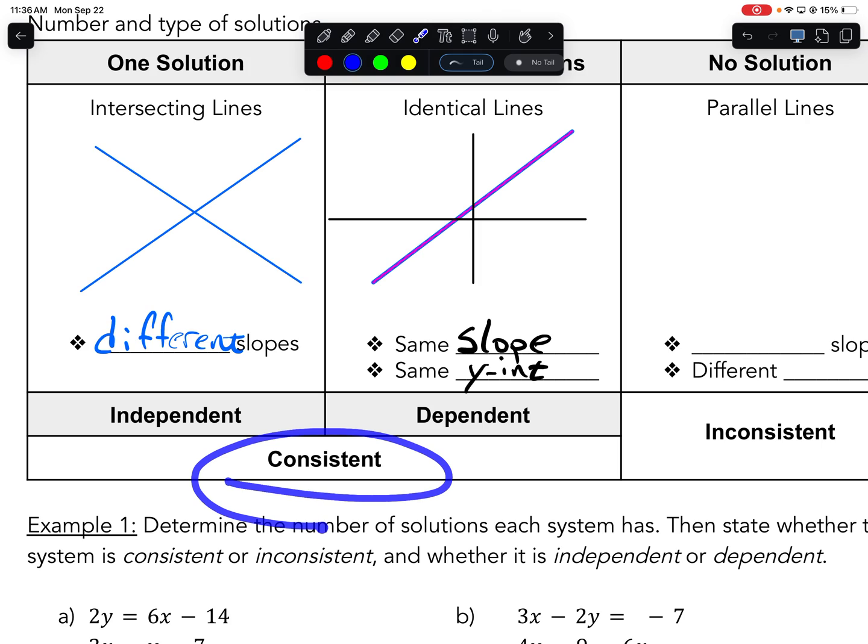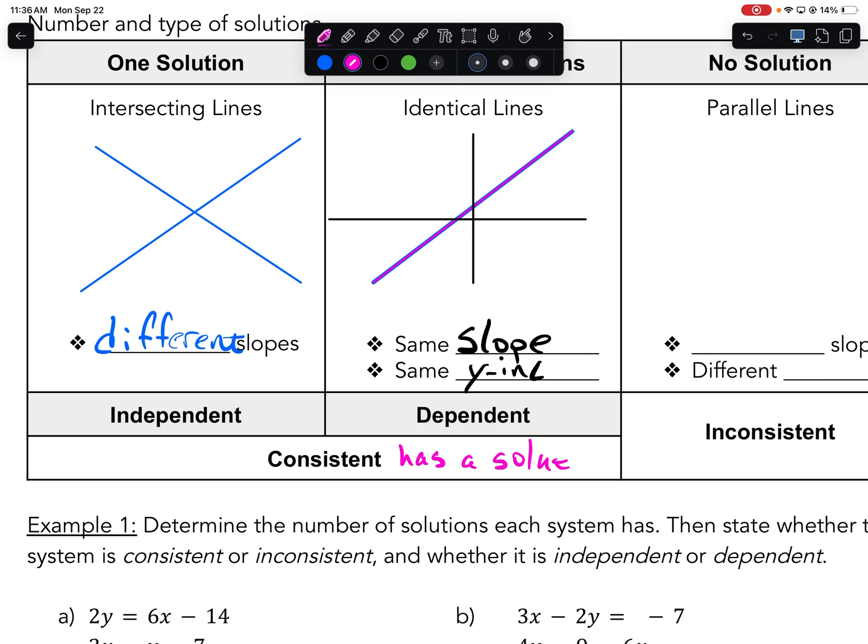And both, basically, I think of consistent like it has a solution, whether it's one solution or infinite. So it has a solution, then it is consistent.